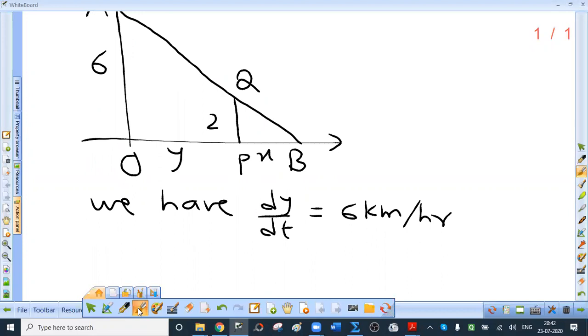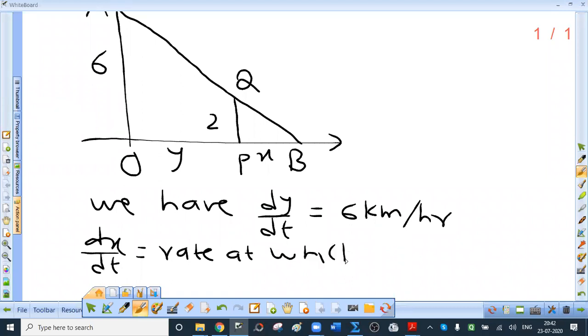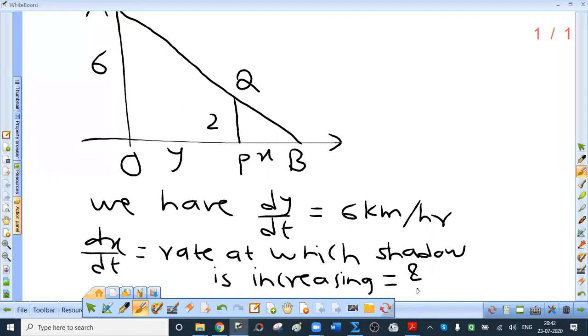We have to find dx/dt, because dx/dt is the rate at which the shadow is increasing. Write down. This we have to find.